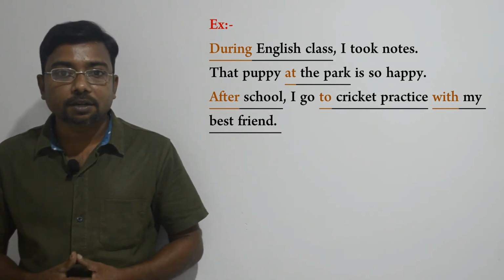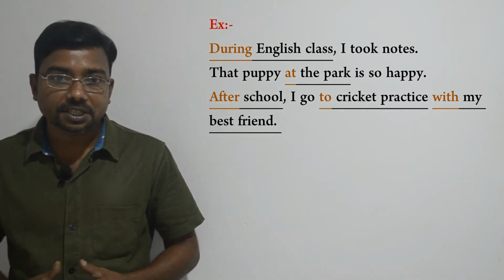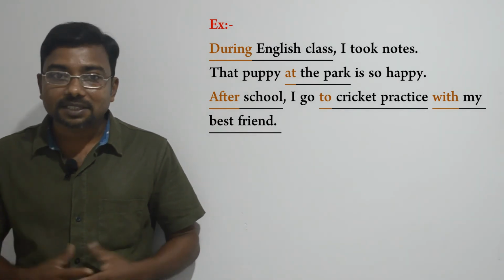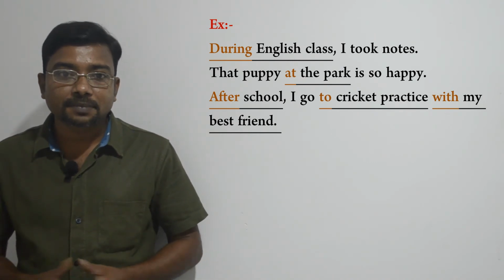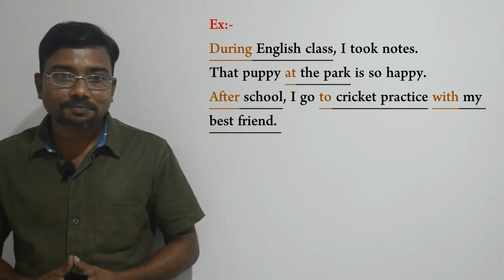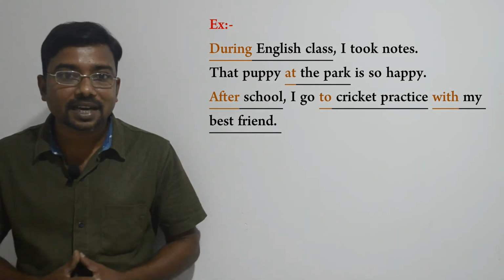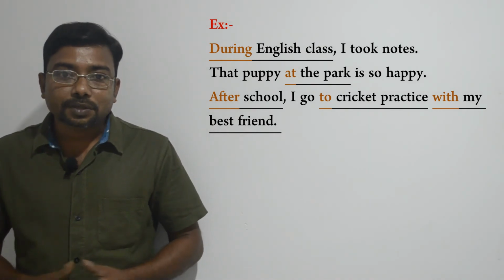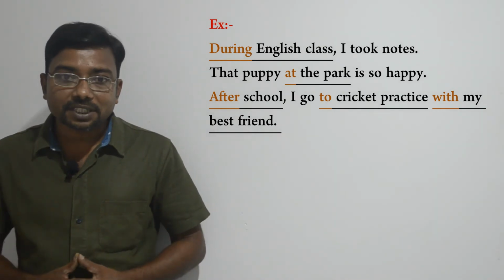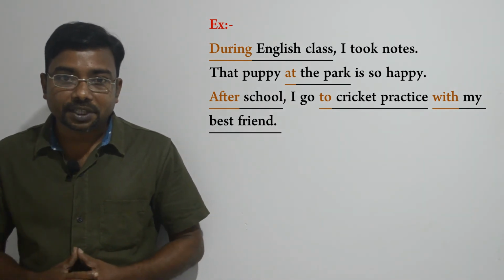Okay, look at the third example. After school, I go to cricket practice with my best friend. Can you identify how many prepositional phrases there are? Yes, there are three prepositional phrases: after school, to cricket practice, with my best friend. Here, after school is a prepositional phrase and it stands at the beginning of the sentence. Then to cricket practice is also a prepositional phrase because it starts with the preposition to and includes an object.